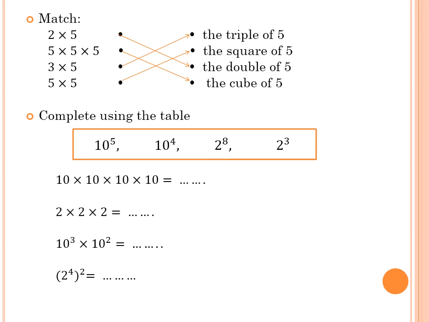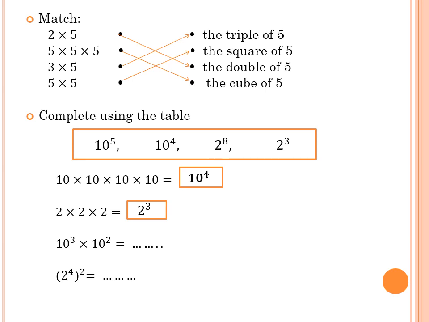Our 10 is repeated 4 times, so it's 10 to the power 4. 2, we can consider it 2 with nothing above it. This means that it's a power of 1. 2 first time, 2 second time, 2 third time, then it's 2 to the power 3. It's a repeated multiplication for 3 times.